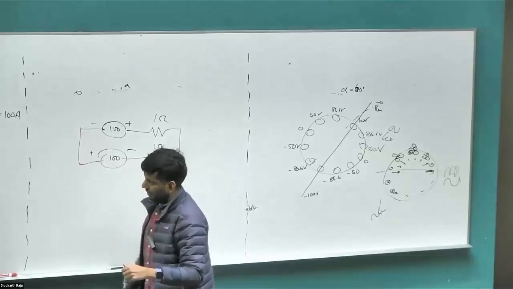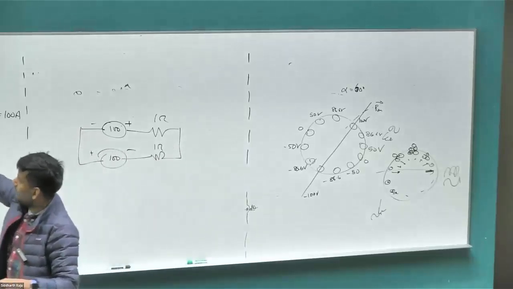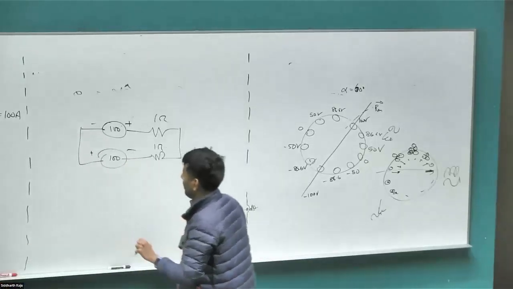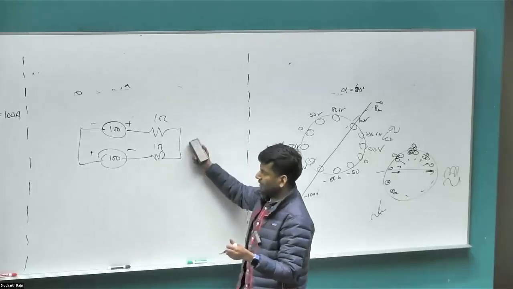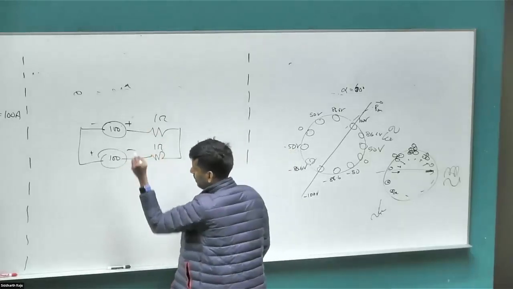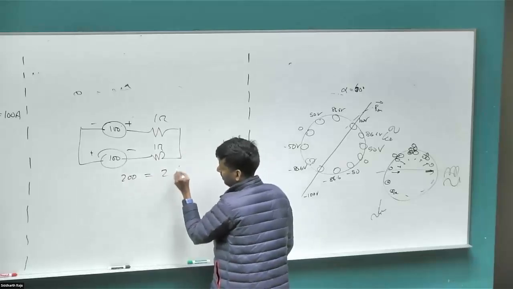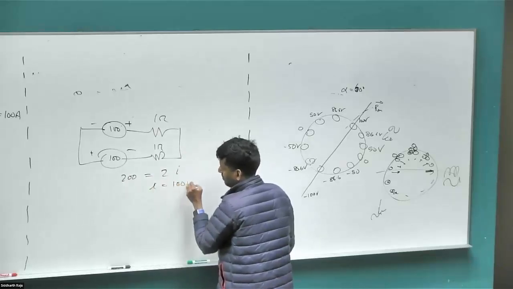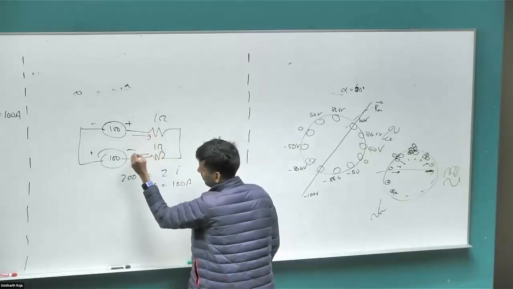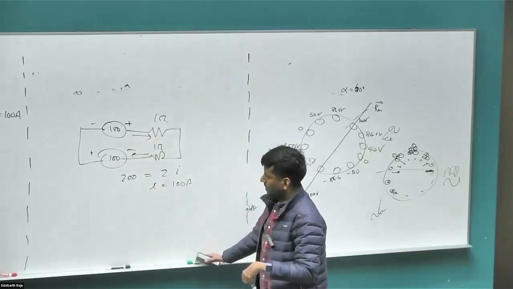Right, so I'm just considering this bar and the bar on top of it alone for now. If that was the case, it's quite easy to see the current would be 100 because we go around the loop, the net voltage by KVL is going to give you 200 and then 2 ohms on this side. Current is just going to be 100 ampere going through this, coming back through this, right?